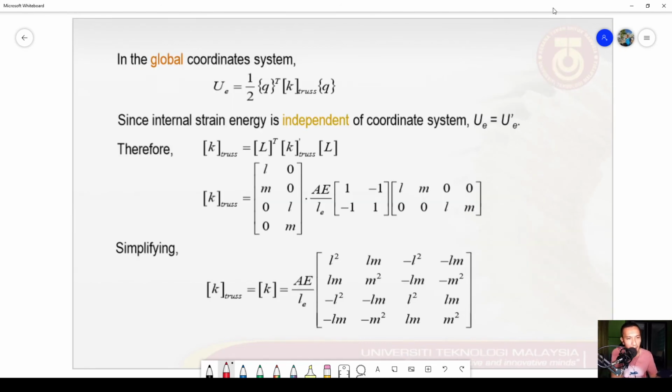Once we have done the transformation, the internal strain energy of the potential energy equation can be written in the global coordinate system as shown by the first equation in our slide here.